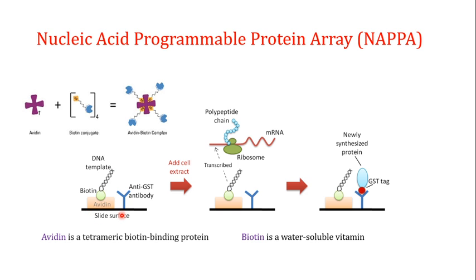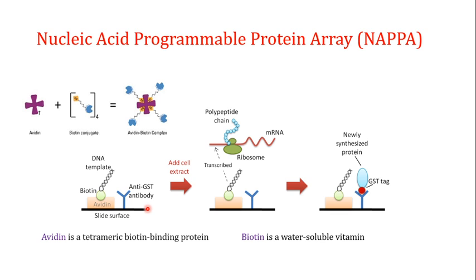On the slide surface, first you are adding the avidin, and you are adding a biotin molecule to your DNA template. Then the biotin and the avidin are going to interact with each other, so you are indirectly immobilizing your DNA template on this slide surface.